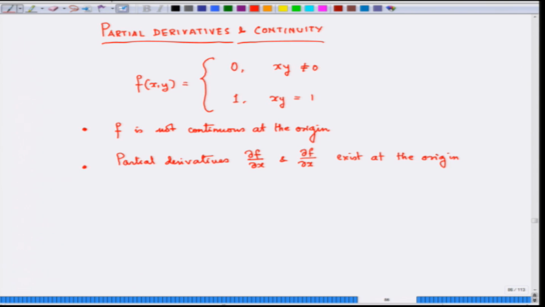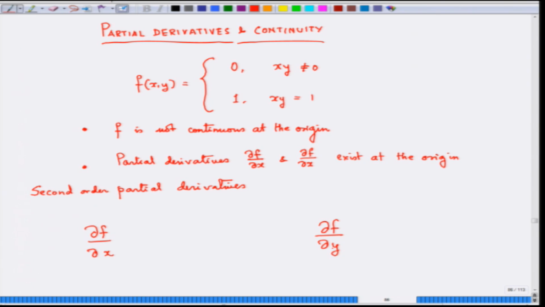additional things. We will now introduce something called second order derivatives, second order partial derivatives. Now, you have del f del x as a function of x y and you have del f del y as a function of x y.